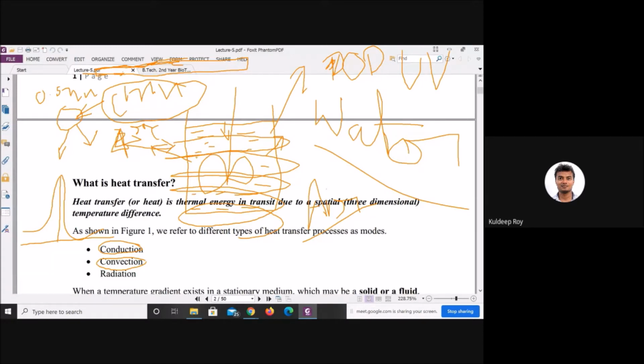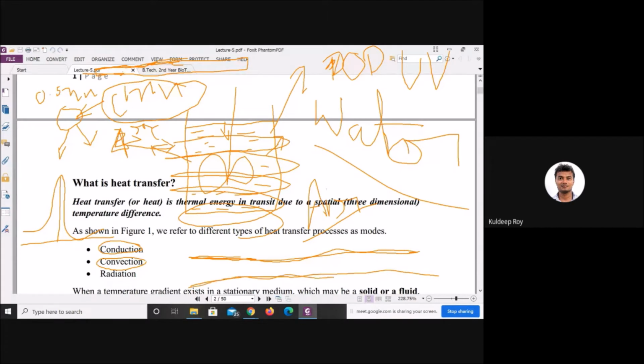In the solid body, the thickness of that coil, of this pipe, conduction will occur. Just keep in mind this is the thickness of your pipe.